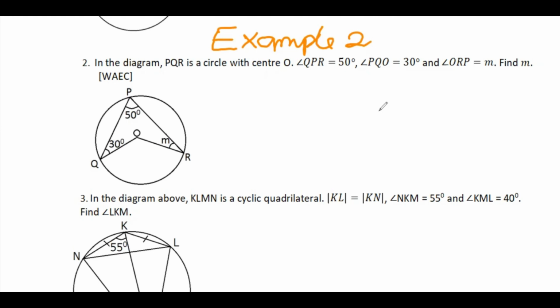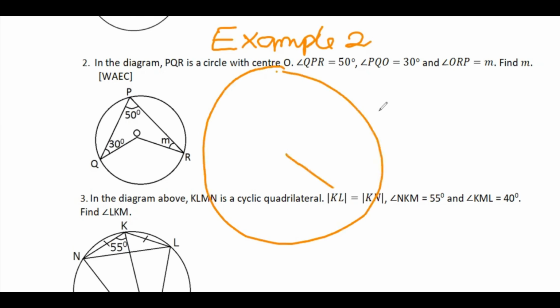Number one is, let me redraw the circle in a bigger form, and we have this extending to this place. This place is M, this place is 30, and that other place there is 50.